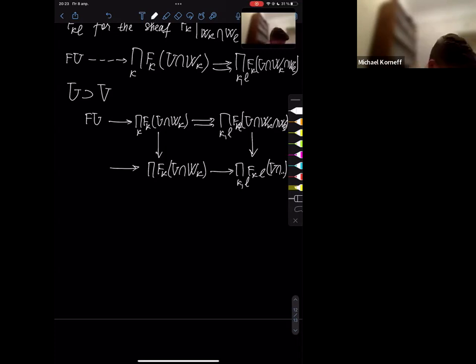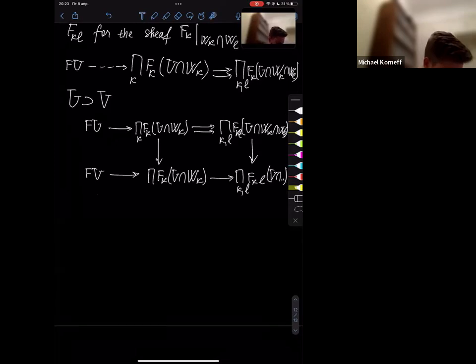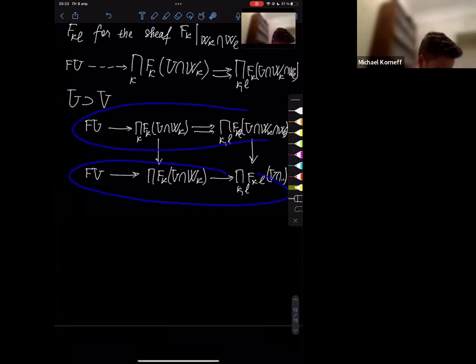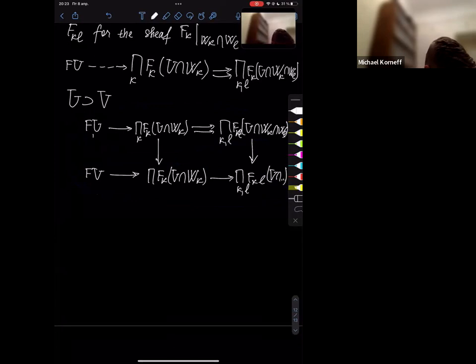And we have an equalizer. Okay, if it exists, then for all U, we must have an equalizer, equalizer 1, equalizer 2, and we have this unique map because of this.